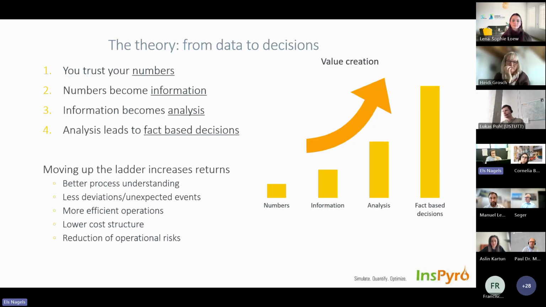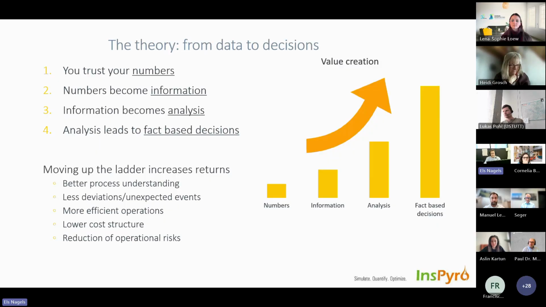Then you can take another step and look at this information to become analysis. For example, if you track the temperature over a longer time, you have a data series and you can actually analyze the data and gain insight. So that is what we see as the third step in the data value chain.